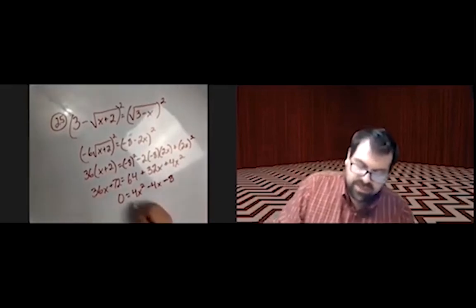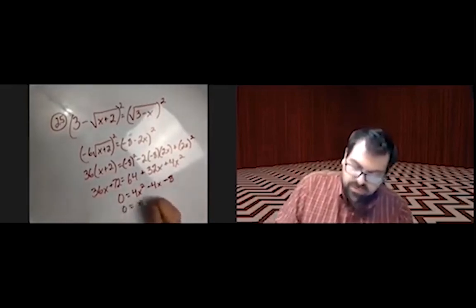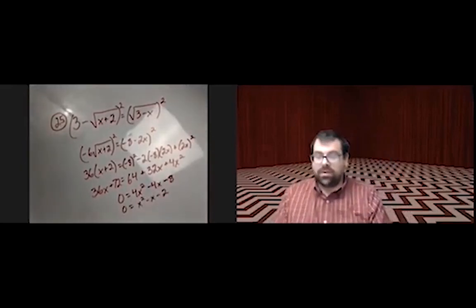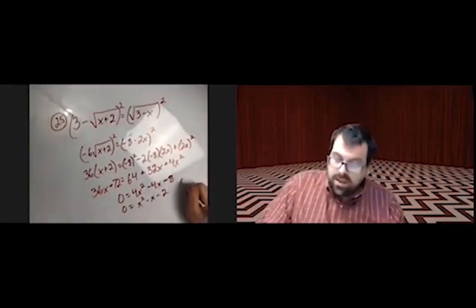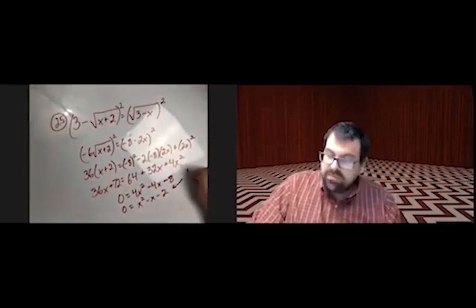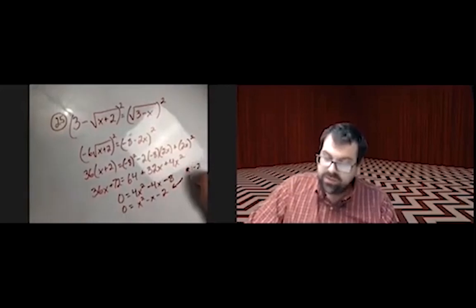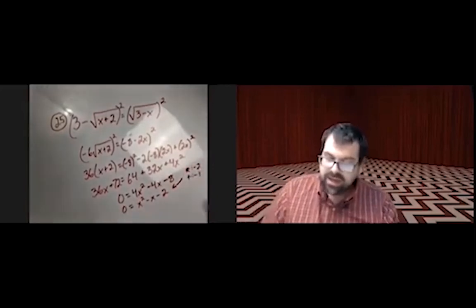I can divide both sides by 4. X squared minus x minus 2. I need two numbers that multiply to give me negative 2 and add to give me negative 1.